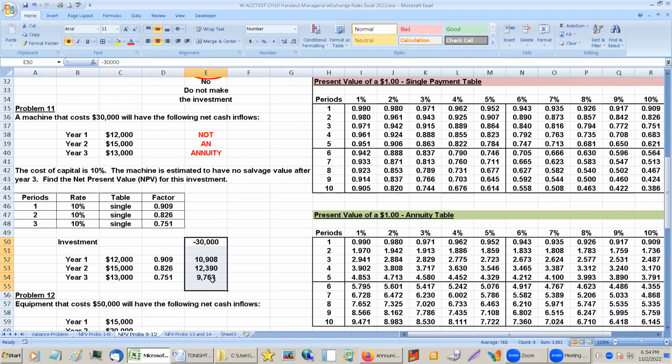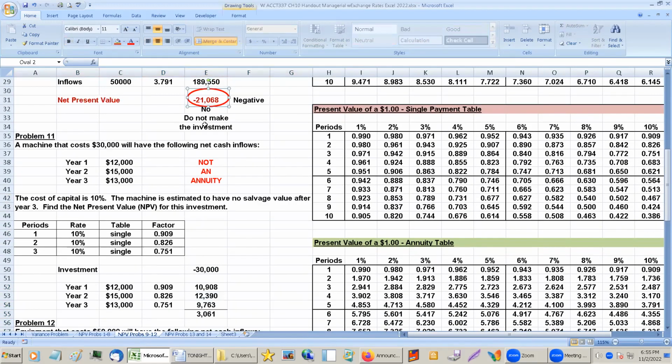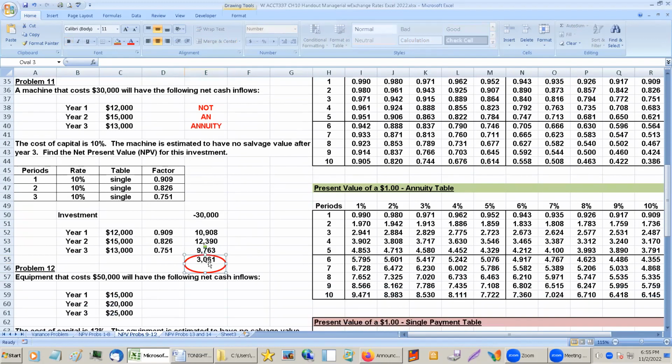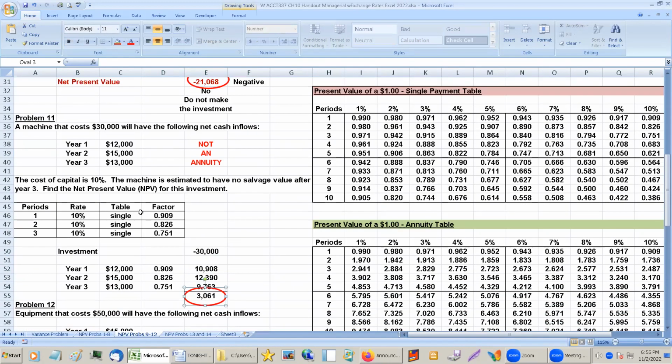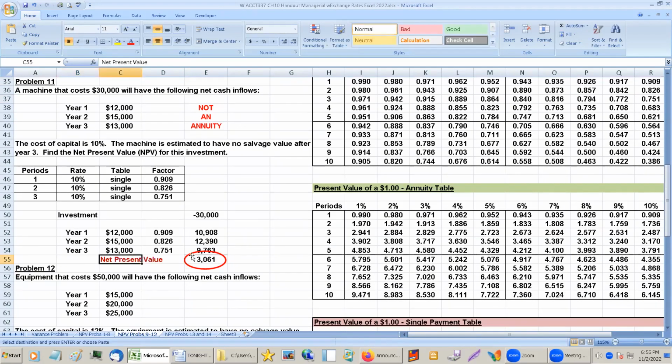And so this will be our net present value. Okay, so this would be a yes. It's positive.